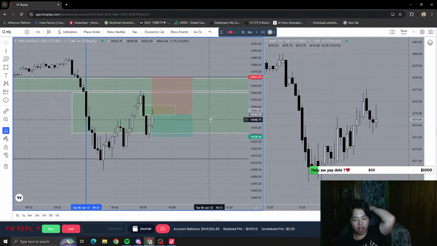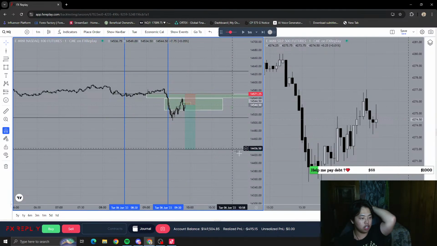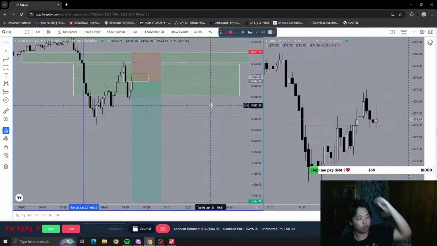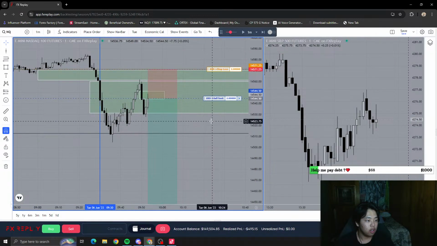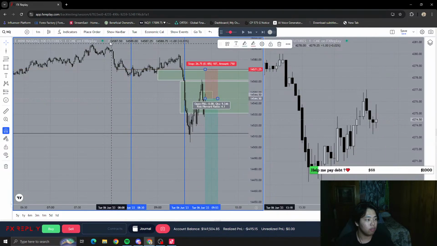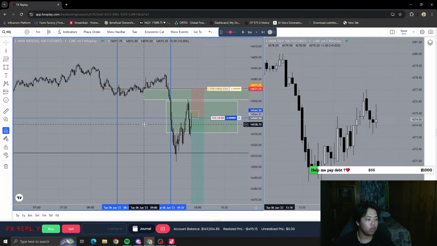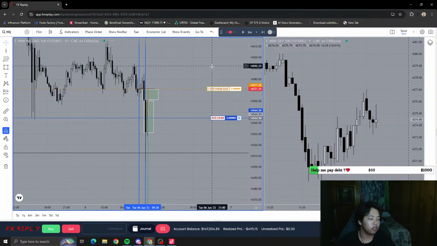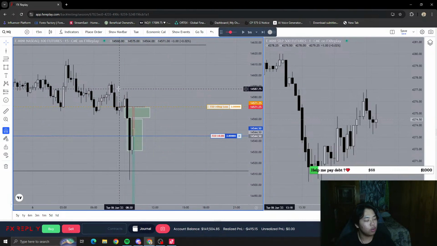All right, I'm gonna stick with my bias, and I'm gonna go ahead and short here, and I'm gonna look to target obviously my internal range liquidity on the higher time frame. I'm short bias. Place my market order here. Well, the thing is, we never swept out any liquidity though.